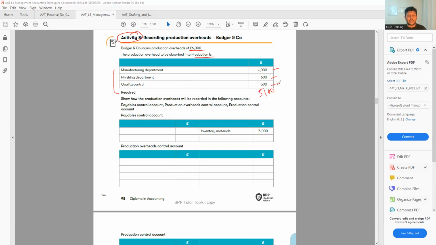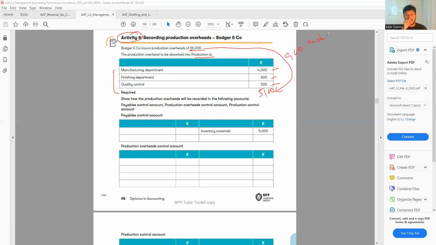Our actual is 6,000, but overhead absorbed is 5,100. So we have an under absorption because we absorb less. The difference between these two is 900. So the 900 is under absorption.